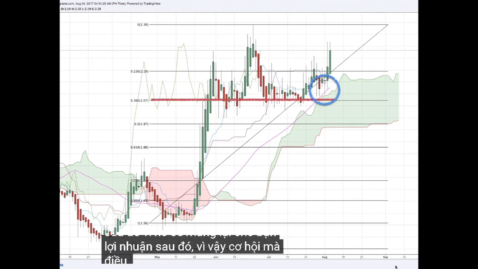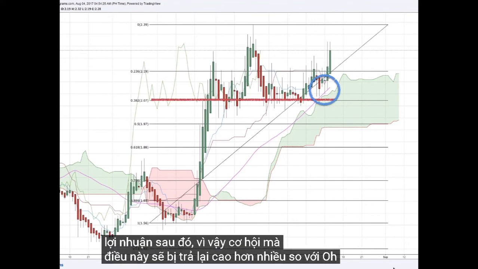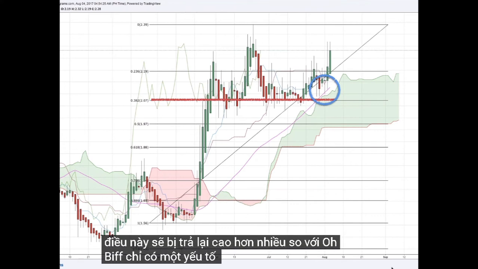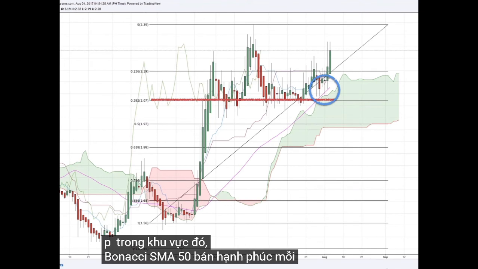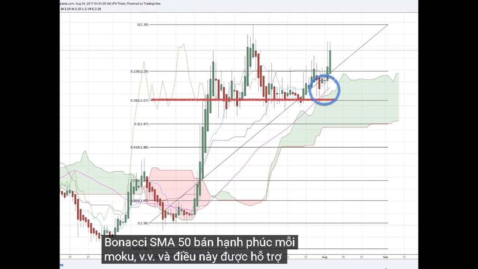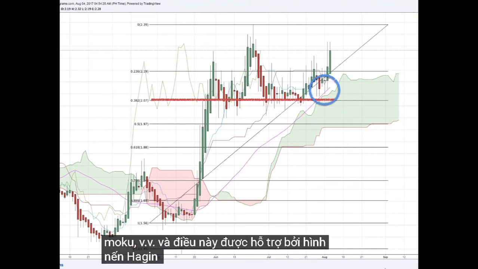So the chances that this will bounce are much higher than if only one Ichimoku element was present in that area. This time you have Fibonacci, SMA 50, Ichimoku, etc. And this was supported by the Heikin Ashi candlestick as well.